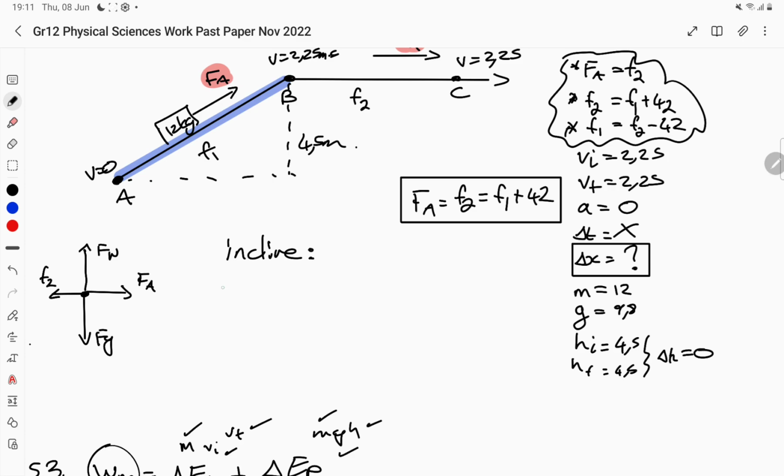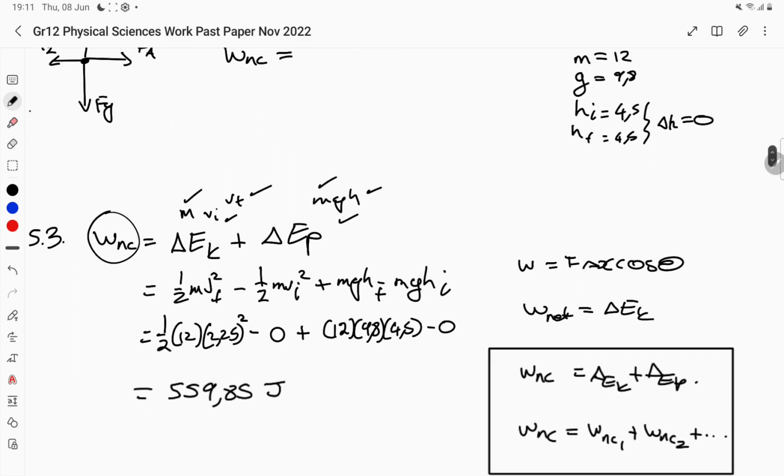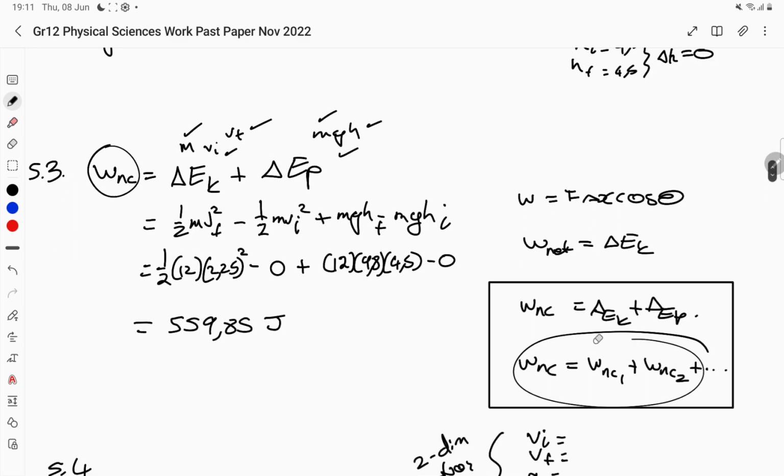Now, the previous thing we worked out was the work non-conserved, and we got a value of 559.85. There are about a few ways to do this, but let's go with one of the formulae with this one, and then I'll do one like that.